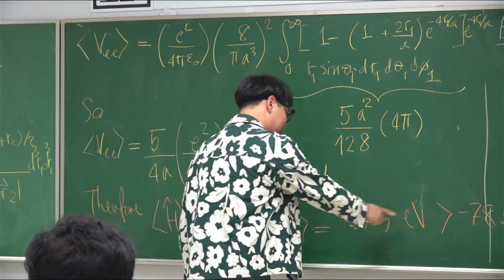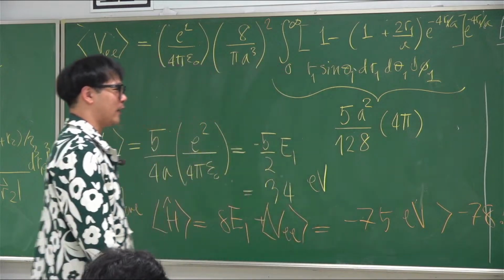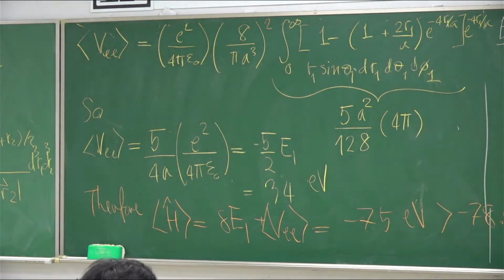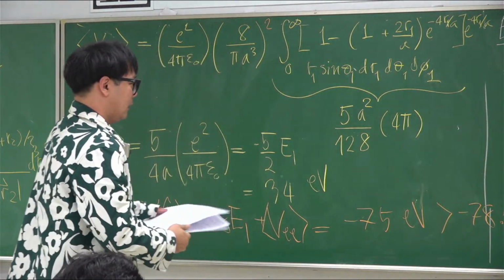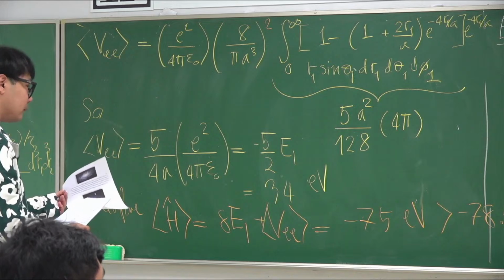Because it's not too far from the real ground state. Anyway, this makes sense because you ignore the interaction between the two electrons, so some part of it has been taken away, then you get something bigger.